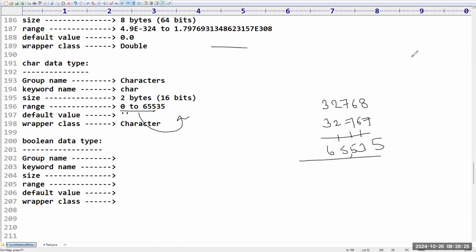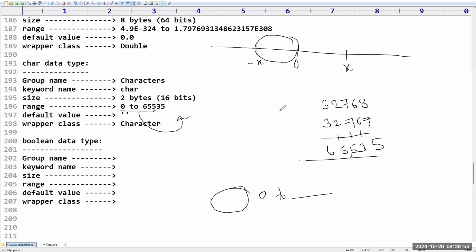Yeah, this is the range, right? It is 0, some positive value, and we have negative values. This is okay for the remaining data types. But for character, I told you there is a character set ranging from 0 to some value. We clearly know that there is no negative value. If there is no negative value, allocating memory for it is meaningless, right?